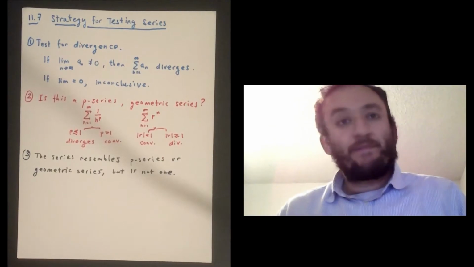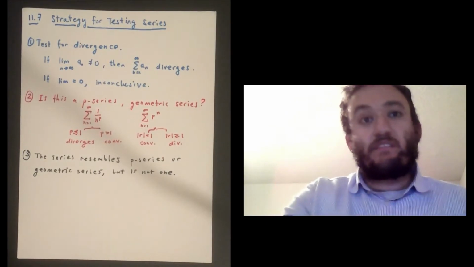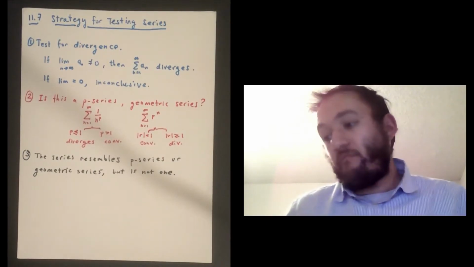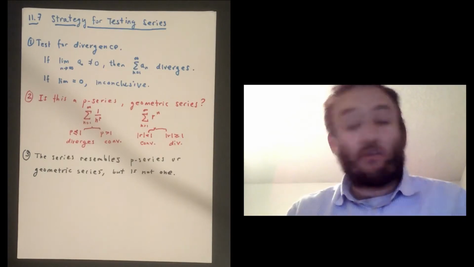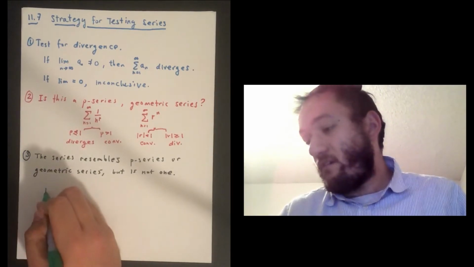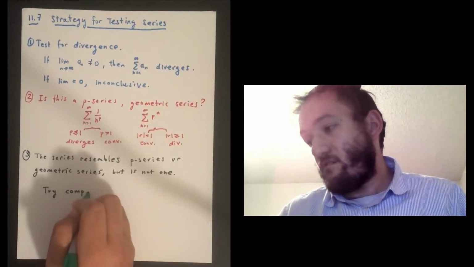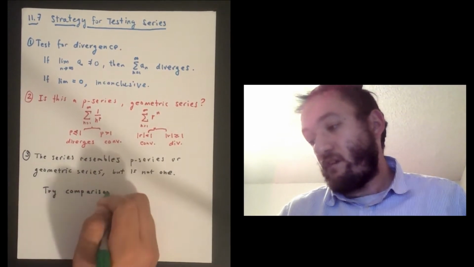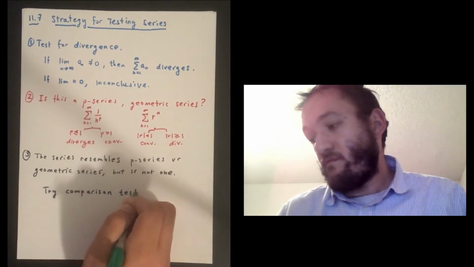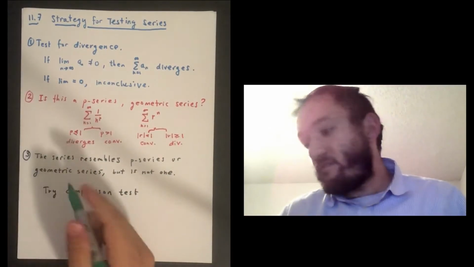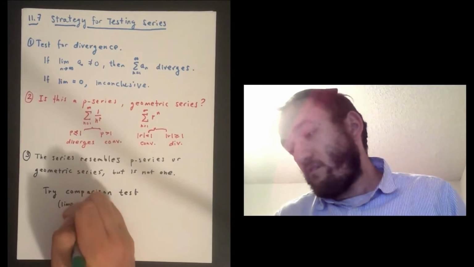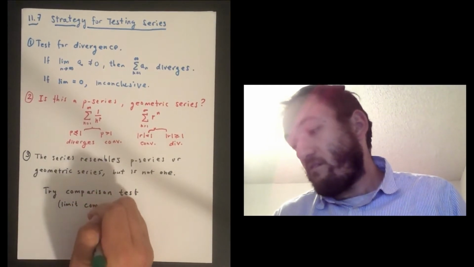Okay? So given that you have this resemblance between your series and a series that you know how to work with, you should try a comparison test. Okay? So either the standard comparison test or the limit comparison.